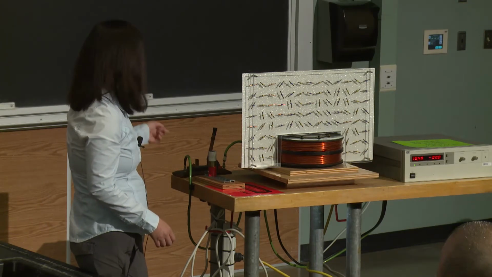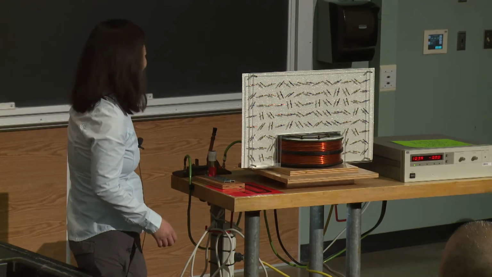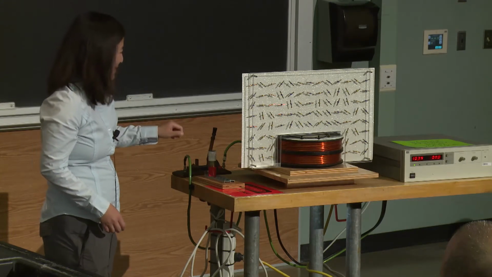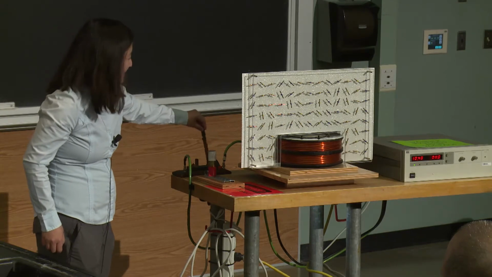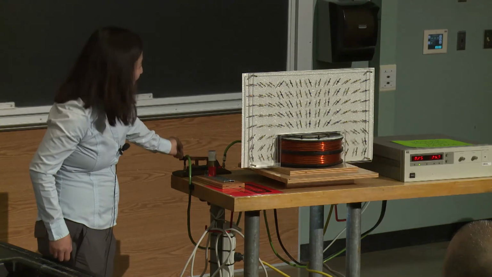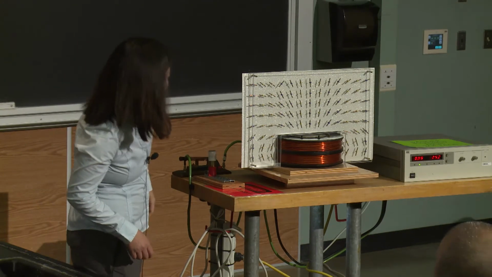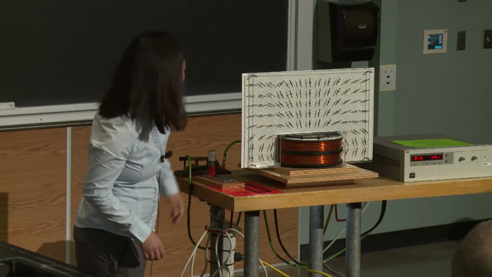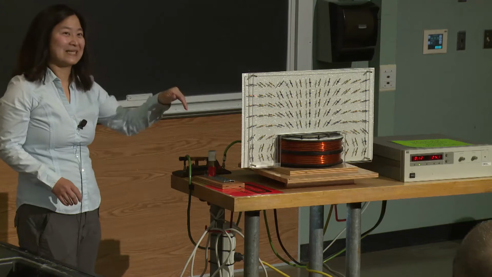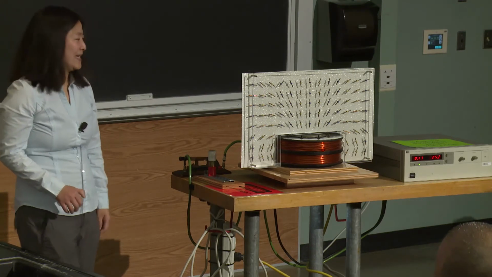There's a switch in the back. I've been told it sometimes sparks, so don't be surprised when that happens. Let's see. Okay, we turn it on, and you can see those. This is a really beautiful demonstration. I like this a lot. You can see that those small pieces align with the magnetic field.